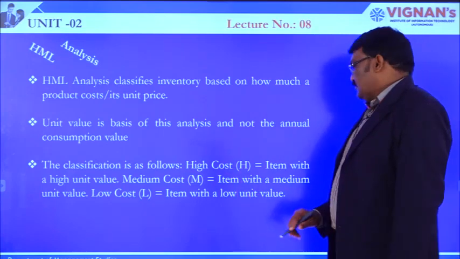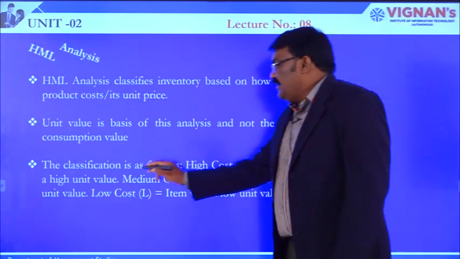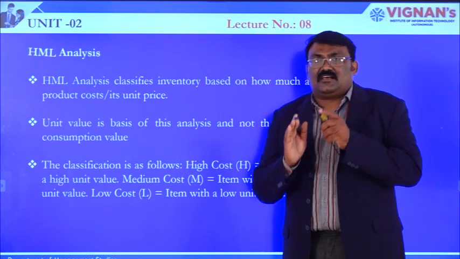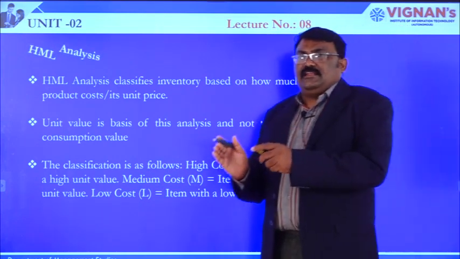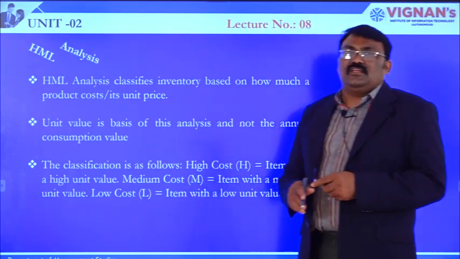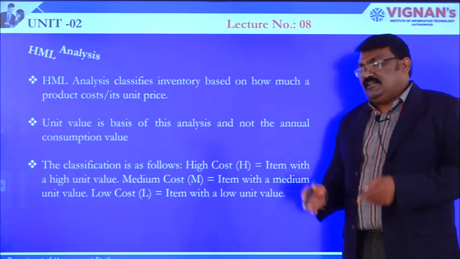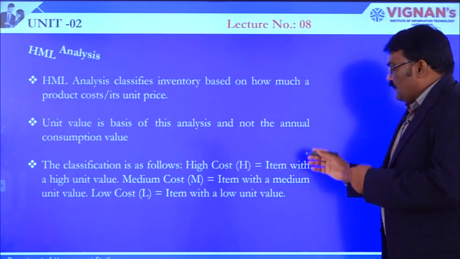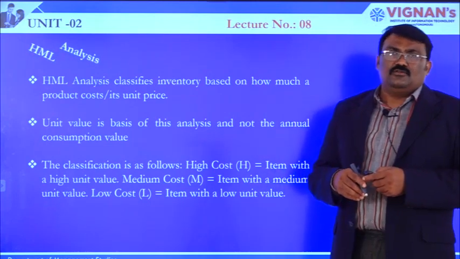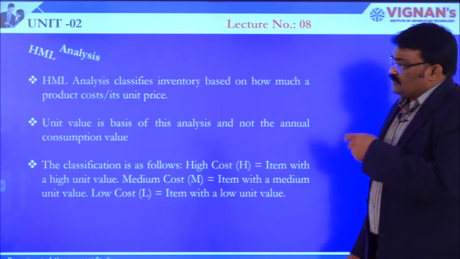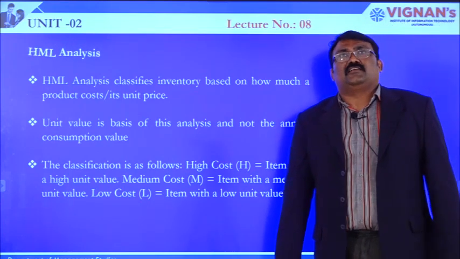Next, medium cost, an item with a medium unit value, the second category of raw material which has a consumption of a medium level of value. Whereas, coming to the last one, that is the least cost, which comes under the item with a low unit value. So, this is the HML analysis.